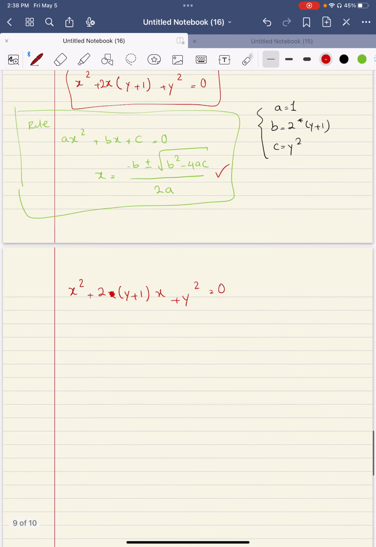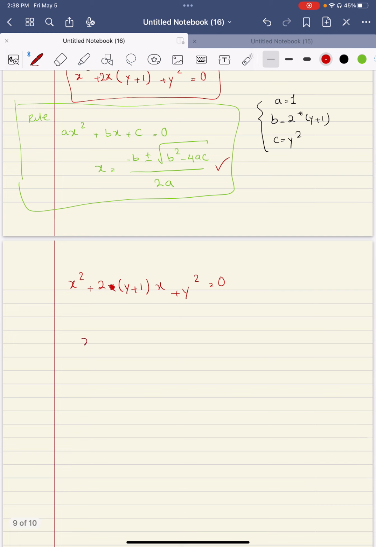So let's apply this rule. x equals negative b plus minus root b to the power of 2.